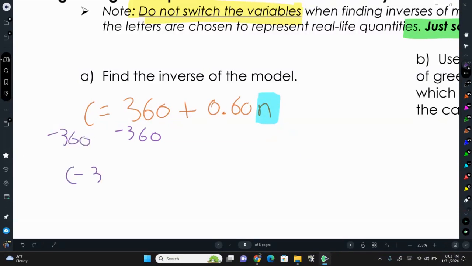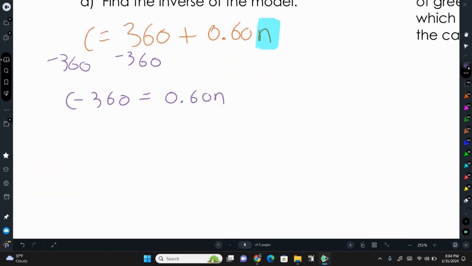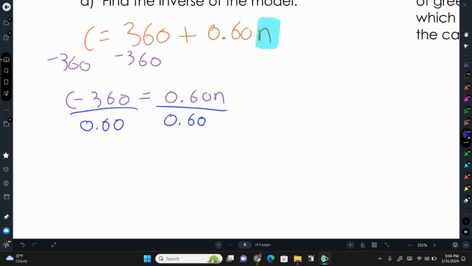So C minus 360 equals 0.60n. And then we divide both sides by 0.60. Now we don't need those extra zeros. So C minus 360 divided by 0.6 is equal to n. So now we've calculated the inverse by getting the other variable by itself.